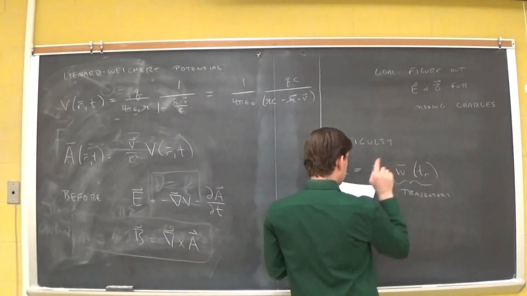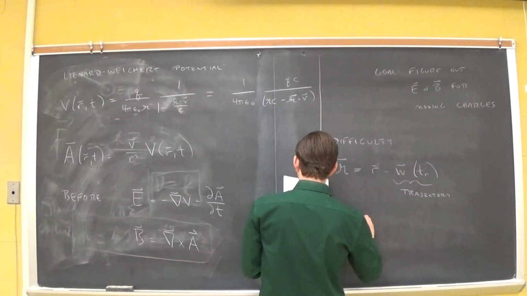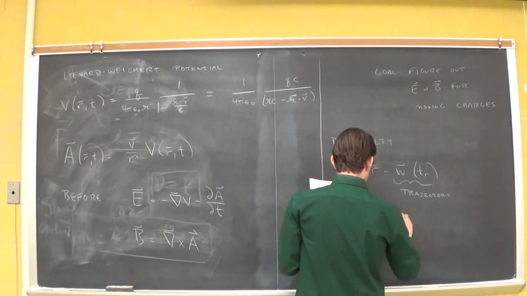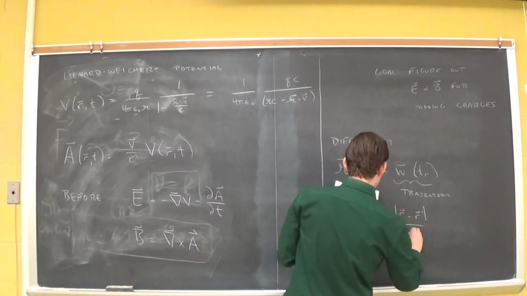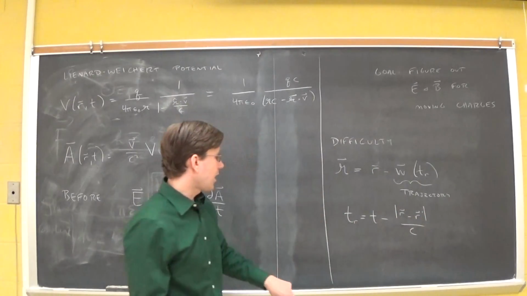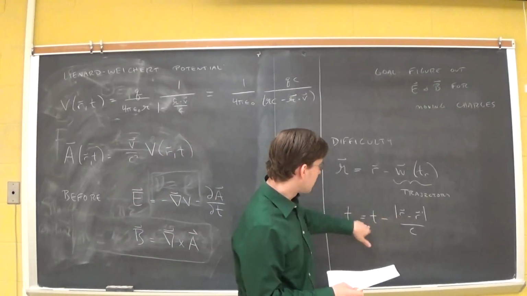And in particular, this trajectory depends on this delayed time. Okay, so T sub R is equal to T minus the magnitude of R minus R prime divided by C. And this T sub R itself, as you can see, is a function of R and T.